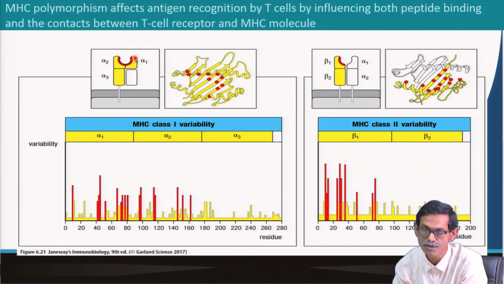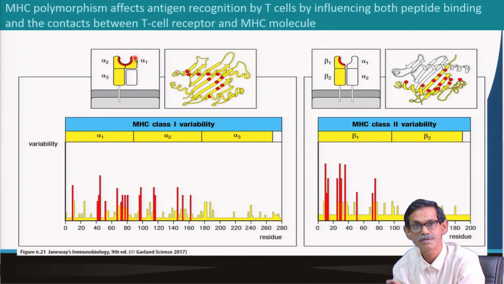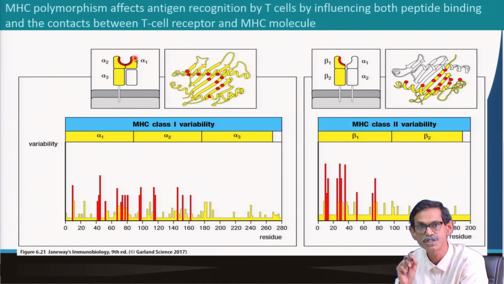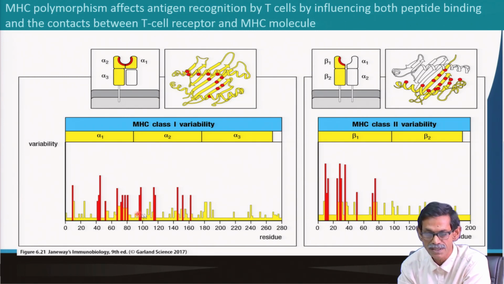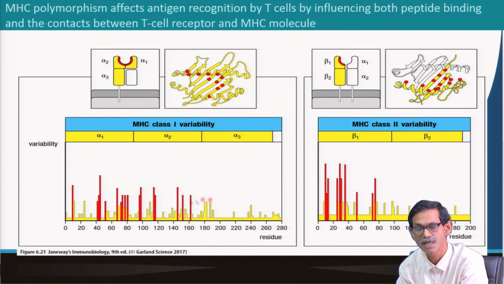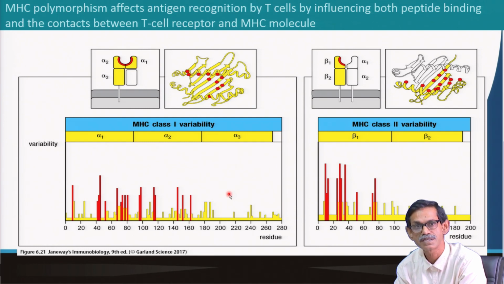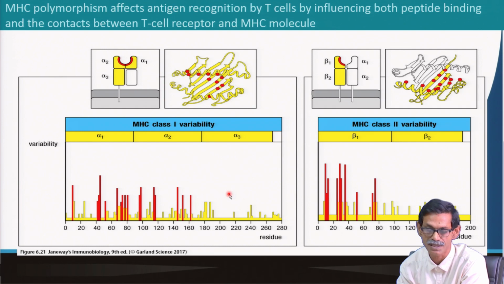Clear? When detailed analysis of MHC polymorphism was done residue by residue, checking amino acid by amino acid, you see this variability map, the same way we discussed for the antigen binding site of the antibody or T cell receptor.